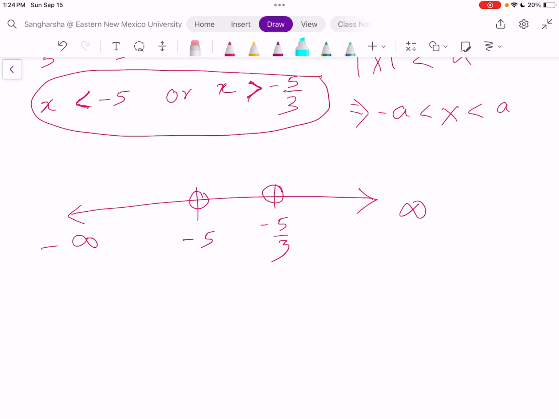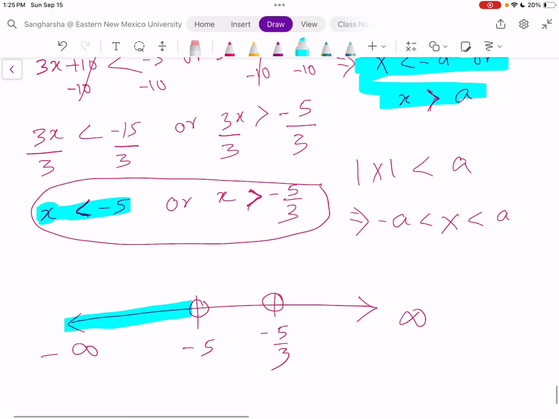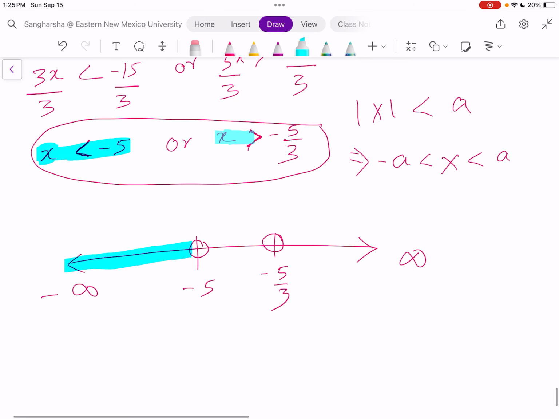Where do we find a number x less than negative 5? On the left of negative 5. This is one part of the solution. Where do we find a number x greater than negative 5 over 3? On the right side. This is the second part of the solution.